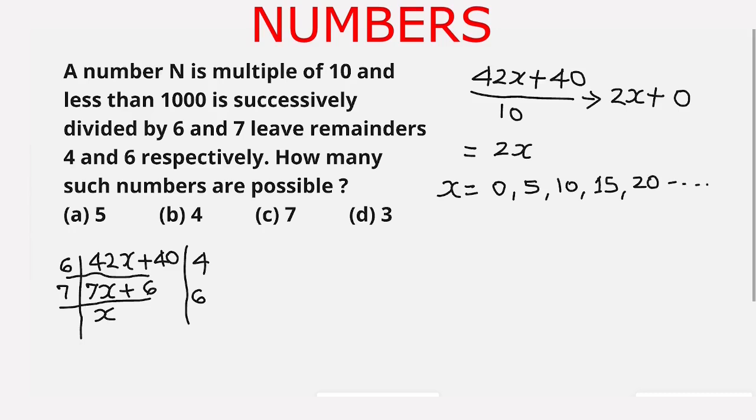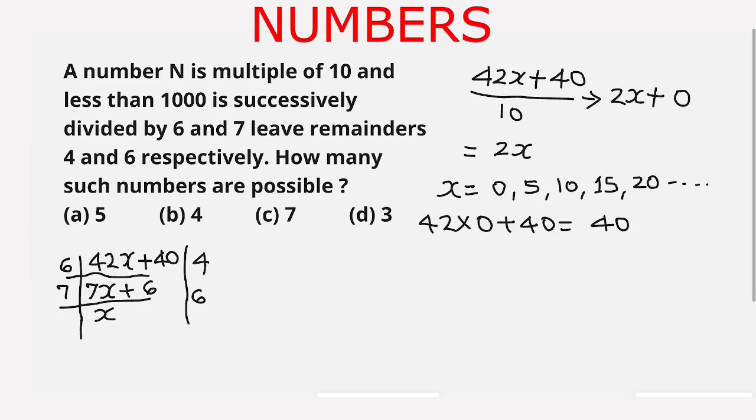Now we will find this number by putting the different values given here 0, 5, 10, 15 in the number 42x plus 40. So if we put x equal to 0, then the number becomes 42 multiplied by 0 plus 40 equal to 40.